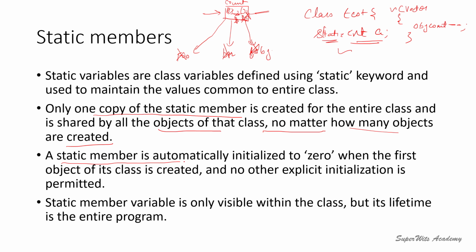A static member is automatically initialized to 0 when the first object of its class is created, and no other explicit initialization is permitted. The static member variable is only visible within the class, but its lifetime is the entire program. That is what we tried to explain in this visualization.